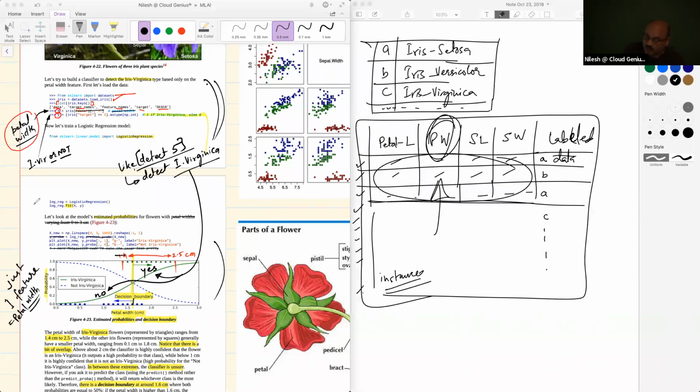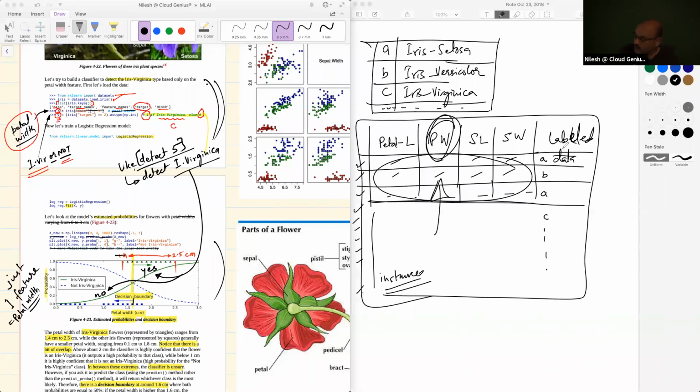In this example, if it is an iris virginica, which is I think C in our definition of A, B, and C, it'll assign 1 to it, or otherwise it'll put a 0. And that's the iris virginica or not decision. We have modified our label, and Y is basically a derivative of the actual target value.